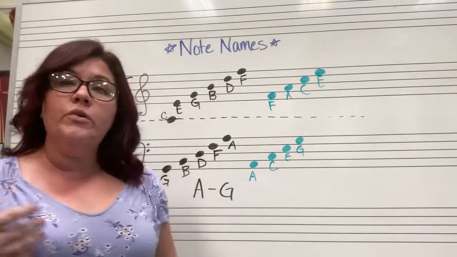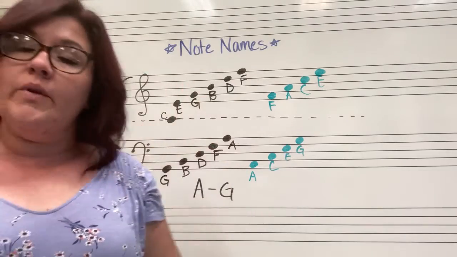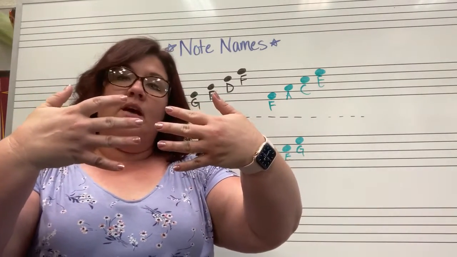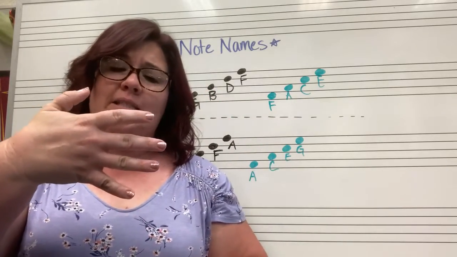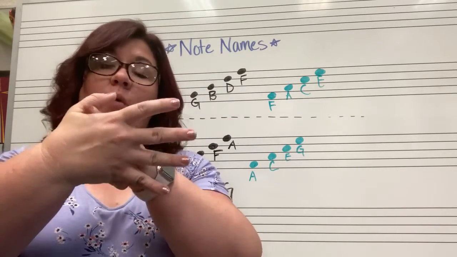One more little clue to help you out if you're struggling with this, hold your hands up like this. Look at that, you have 1, 2, 3, 4, 5 lines. This one's a little short. And 1, 2, 3, 4 spaces.